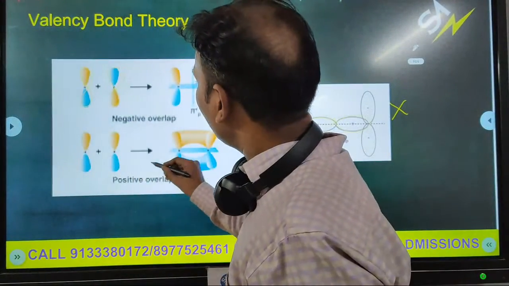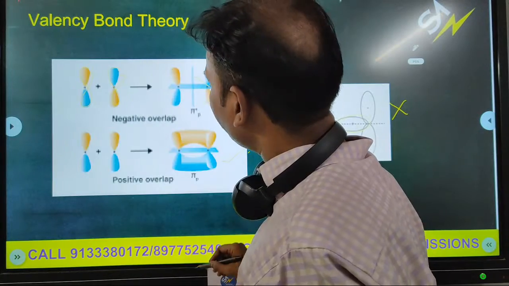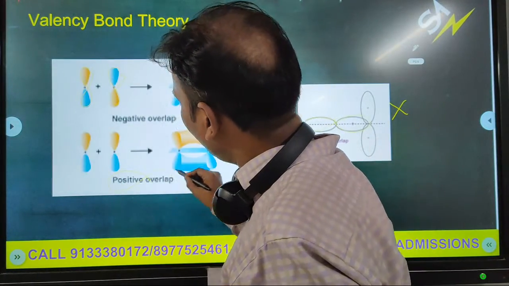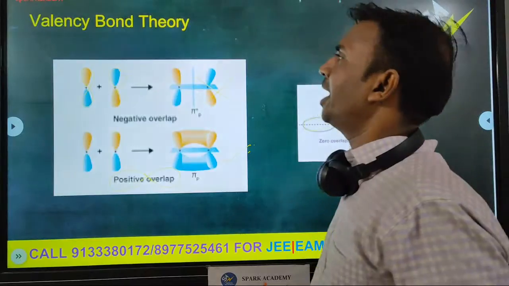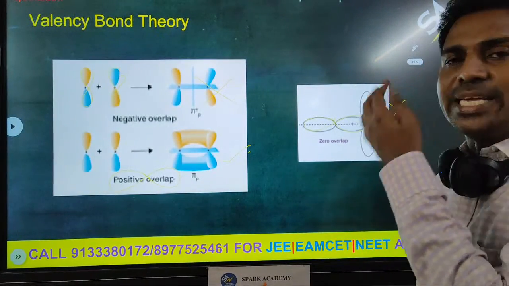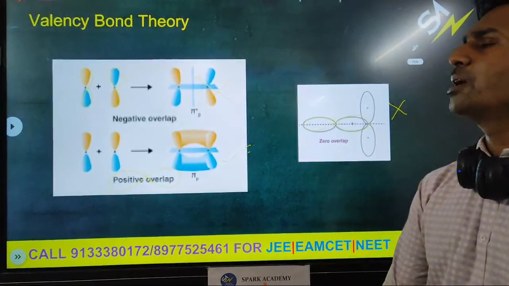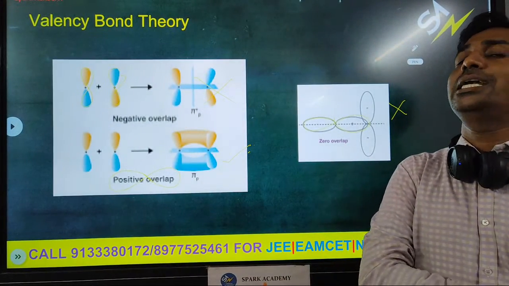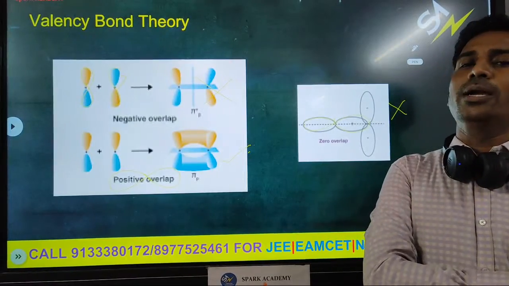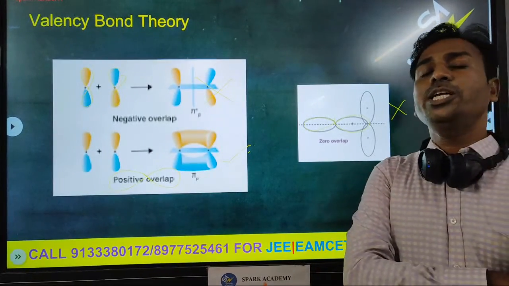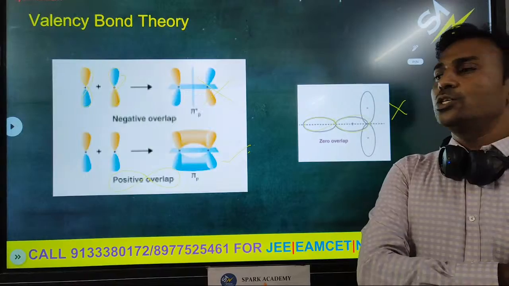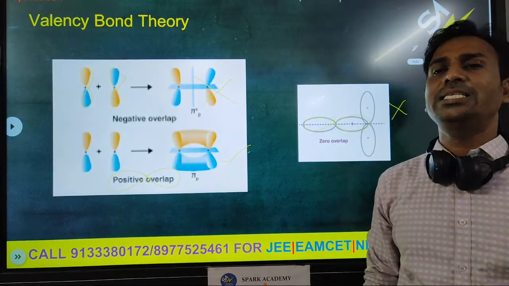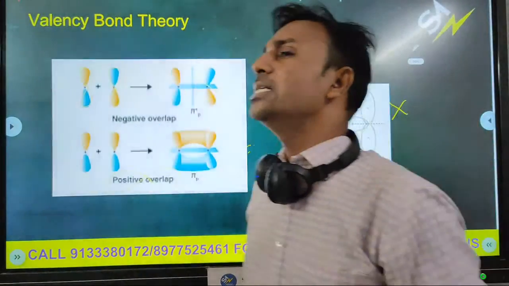This overlap is called positive overlap. So here we see three types of overlaps. All three types of overlaps do not lead to the formation of a bond. Only the positive overlap of the orbitals results in a bond.